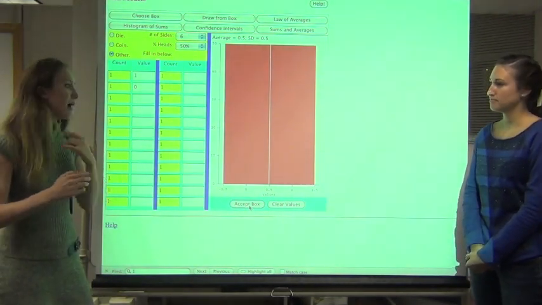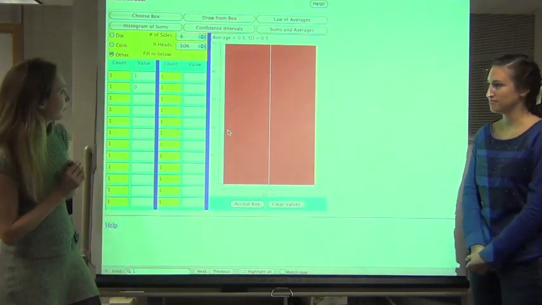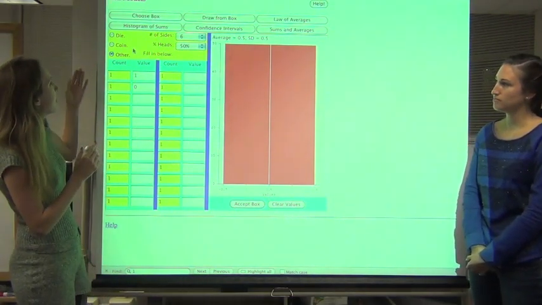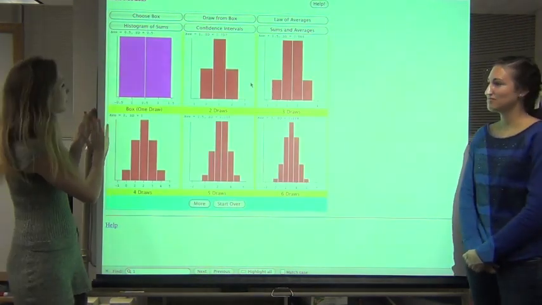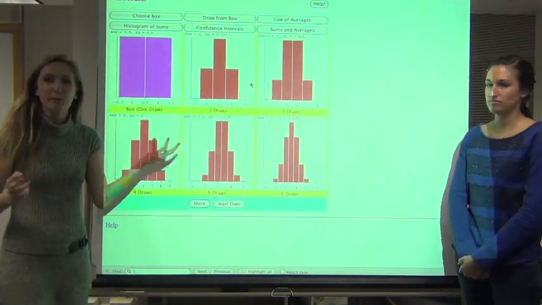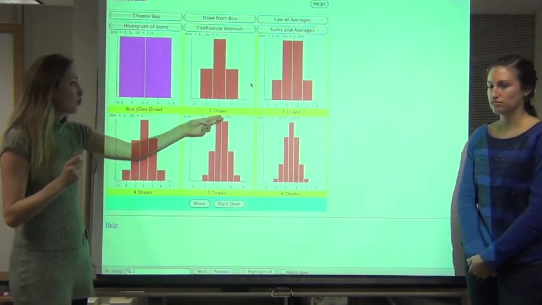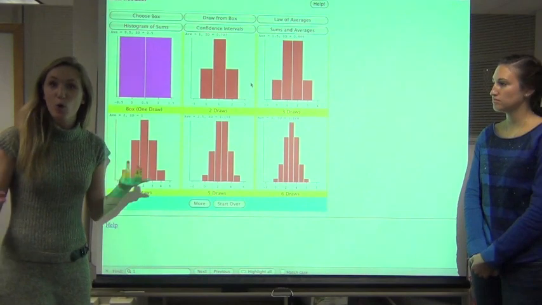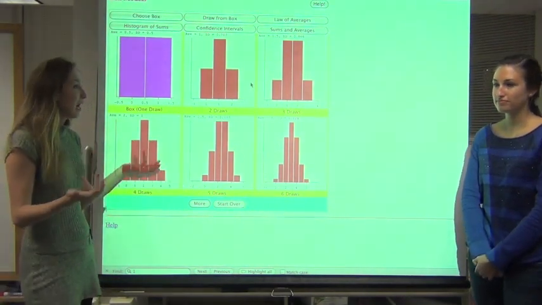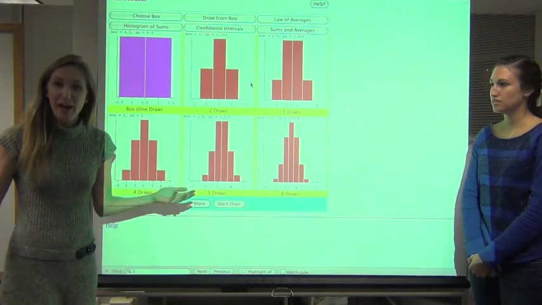So let's build a probability histogram based on, let's just say, one flip of the coin. Let's see if we were going to make a histogram of the sums. Over here we have the contents of our box, basically on one draw, one flip of the coin. Well, let's build a probability histogram based on 2 draws, meaning we flip the coin twice. What are the possible outcomes if we flip a coin twice and we're tallying up the number of heads?